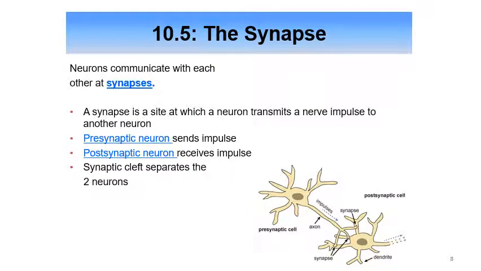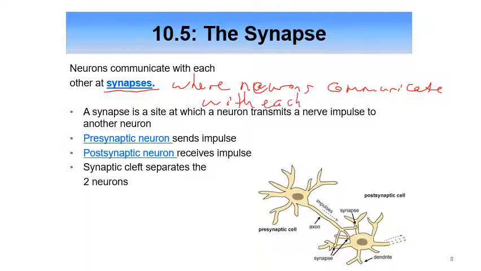Okay, so now next we're going to start to go into the electrical signals. Synapse. Synapse just means where the neurons communicate with each other. And so it's where the neurons are touching each other. So what we're seeing is not the best picture, but these are supposed to be two neurons.